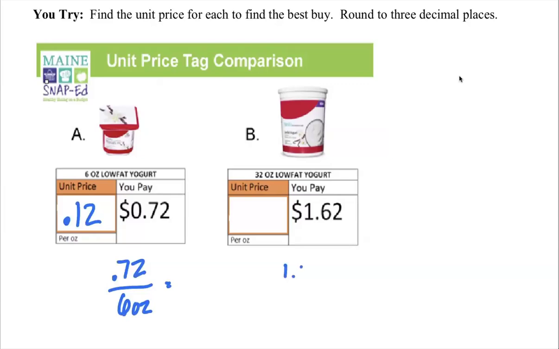Over here, we have $1.62 for 32 ounces. So $1.62 divided by 32 is about 5 cents per ounce, which is 0.051. Let me go back and just check 0.72 divided by 6. Yeah, it's exactly 0.12. Okay, so we can see this would be the cheaper deal, so we'd pick that one.